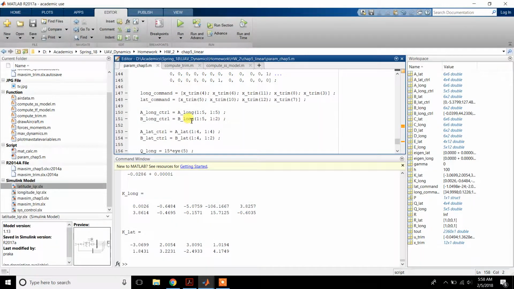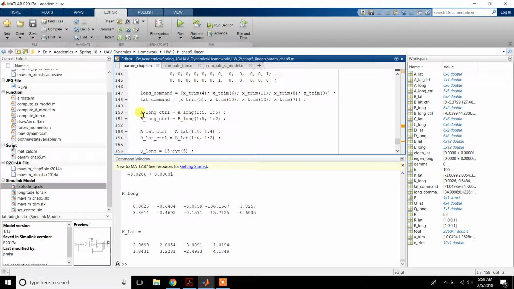Again, we are interested in controlling only the first 5 states in the A_long matrix, which are delta U, W, Q, delta theta, and PZ, and 4 states in lateral, which are V, P, R, and delta phi.